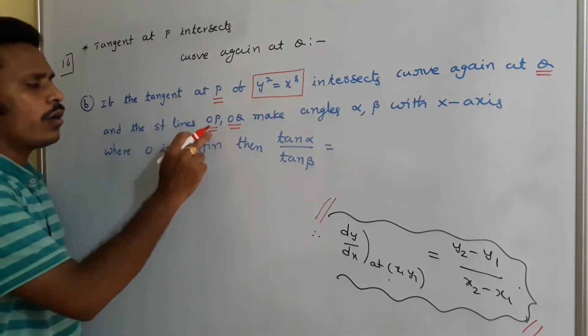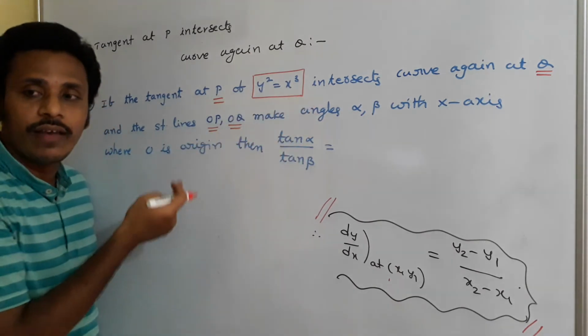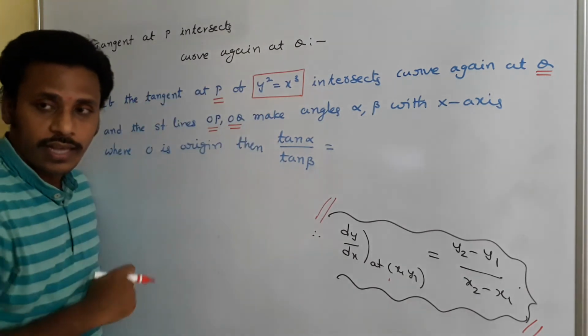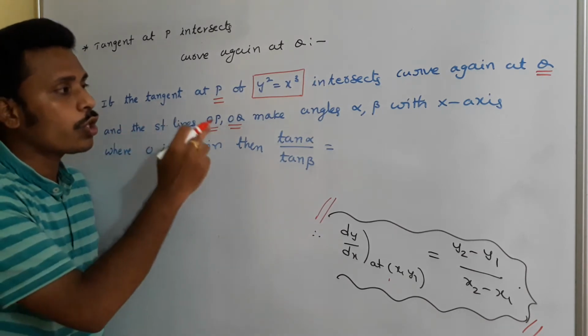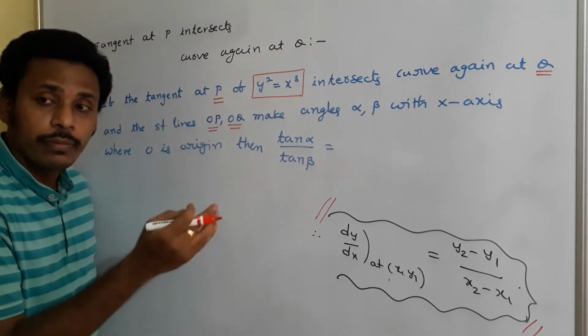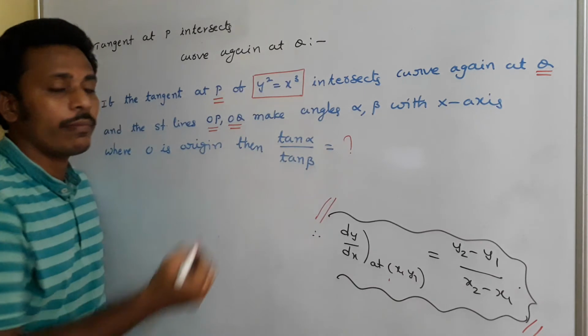They mention OP and OQ are making angles alpha and beta with the x-axis. OP is a line making an angle alpha with the x-axis, so tan alpha is the slope of OP. And OQ is a line making an angle beta with the x-axis, so tan beta is the slope of OQ. The question is about identifying tan alpha by tan beta.